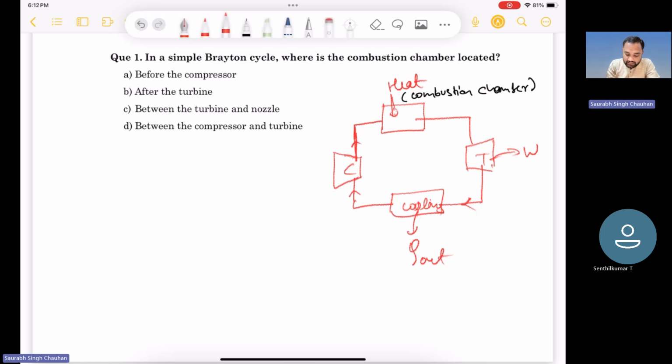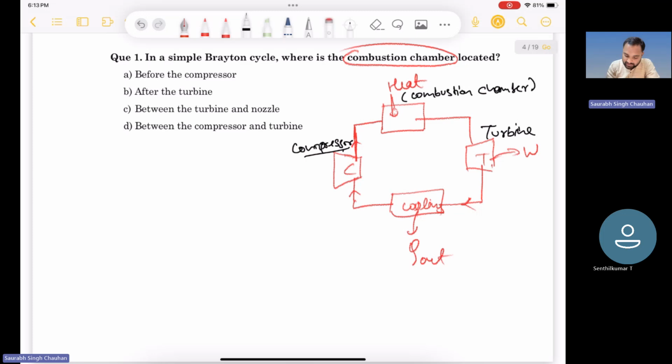Anyway, the question was asking where the combustion chamber is located. You can easily answer that the combustion chamber is just before the turbine and just after the compressor.